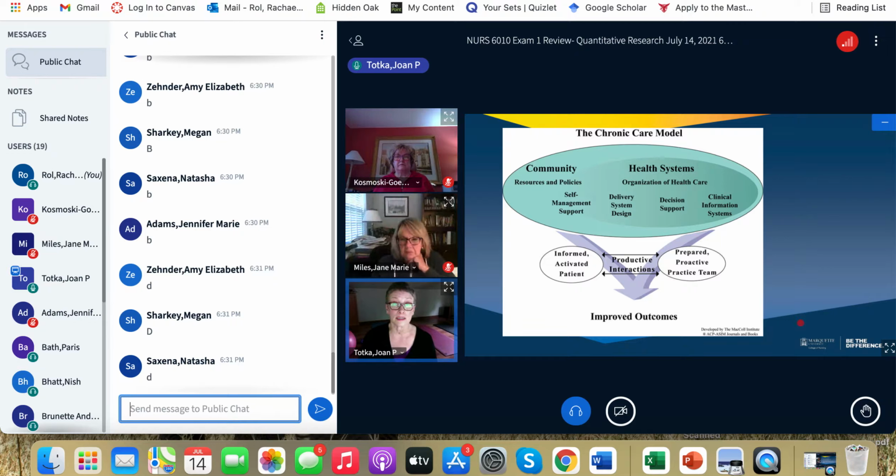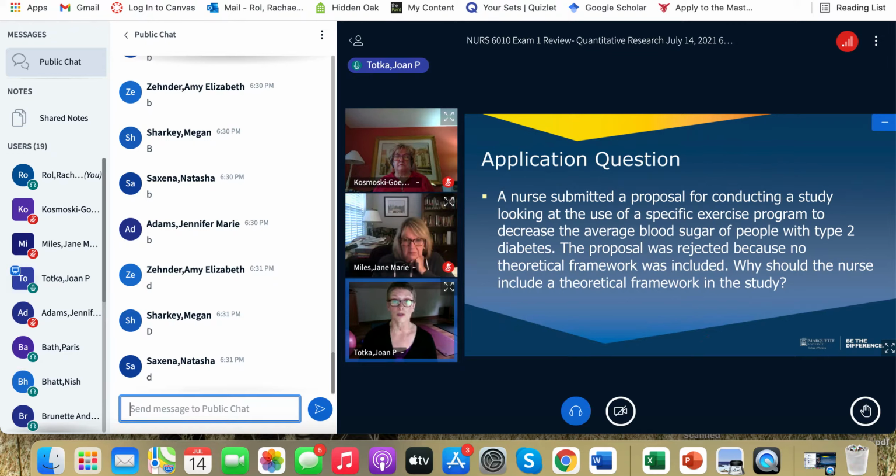So here's what it is. And these are the kinds of things for diabetes that matter. Self-management support, delivery system design, decision support, clinical information. And so if you were coming up with a study, you should have things that guide you when you're looking at your variables. Here's the question. A nurse submitted a proposal for conducting a study looking at the use of specific exercise to decrease the average blood sugar for people with type 2 diabetes.